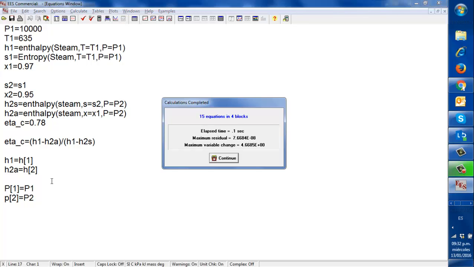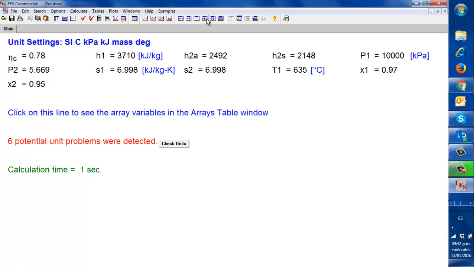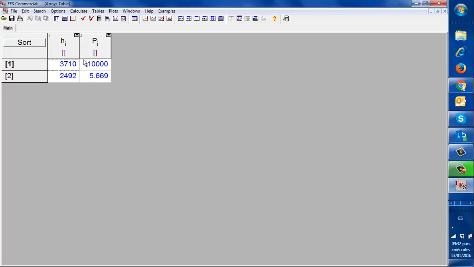If I press F2, again it solves, but now I have available this button that says array table, and if I open it, I have pressure 1 and 2, enthalpy 1 and 2. So now I can overplot these properties in the diagram.